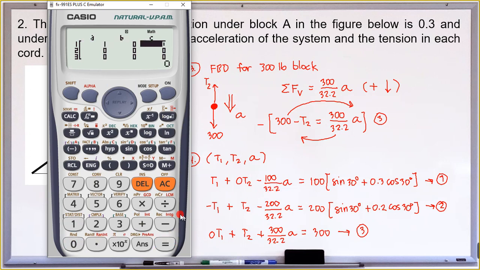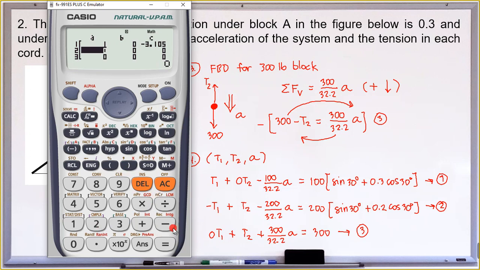For acceleration, that is negative 100 divided by 32.2. Then for the constant, this one. So, be careful with the parentheses. Make sure that it is in degree mode. So, it is already in degree mode. So, input sine 30 plus 0.3 times cosine of 30, double parenthesis, equals.